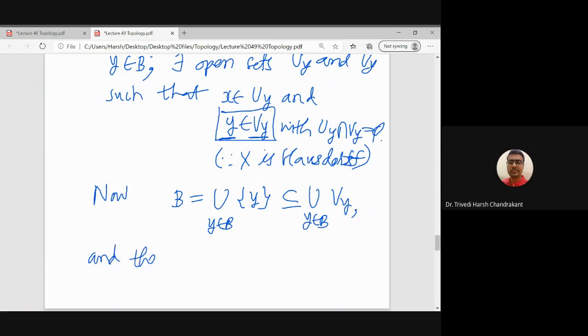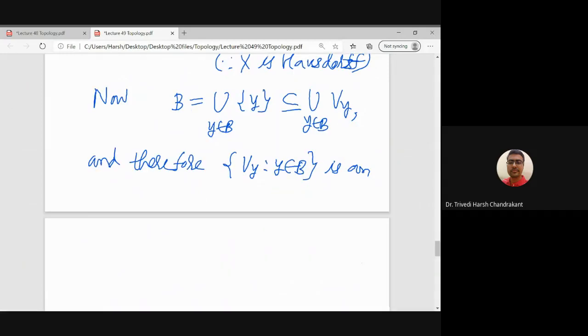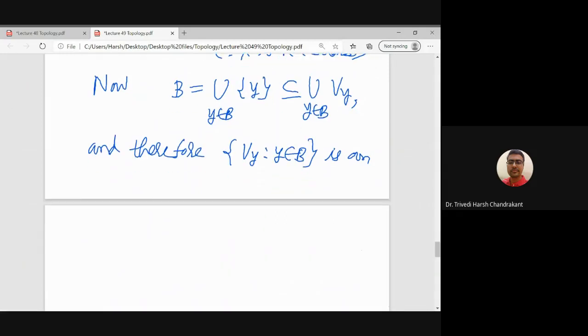And therefore we get this collection Vy, which is a collection of open sets. So this is an open cover of B. And what is B? B is a compact space.